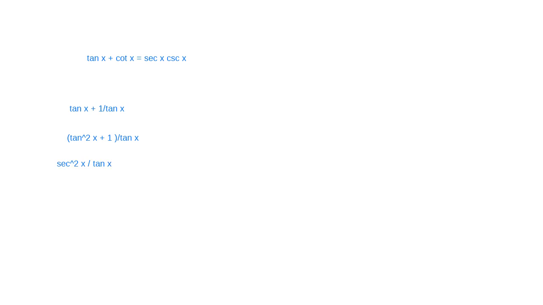We have this. So do you see we're getting closer, right? So now secant squared x divided by tangent x. Remember, tangent x is sine over cosine. So dividing by it is the same as multiplying by cosine over sine. Oops, I'm missing x.